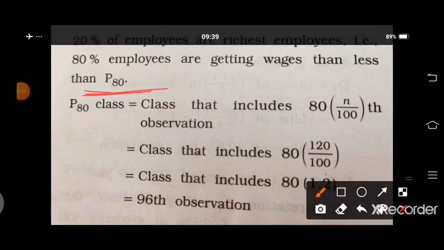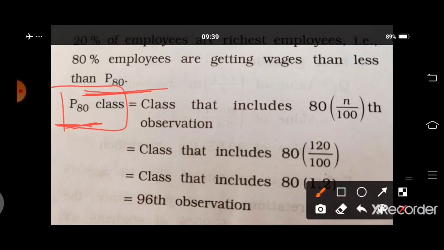So we will find out here P80. In the sum, they have given us 20% of employees are richest employees, and we have to find out the lower limit for the richest 20% employees. So the lower limit would be P80. So here we have to find out P80.